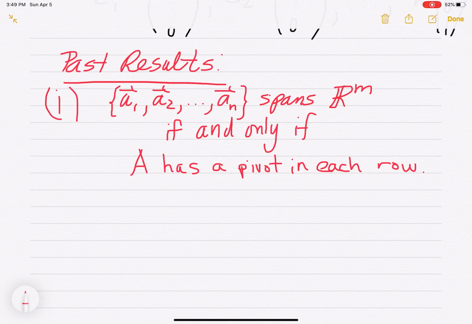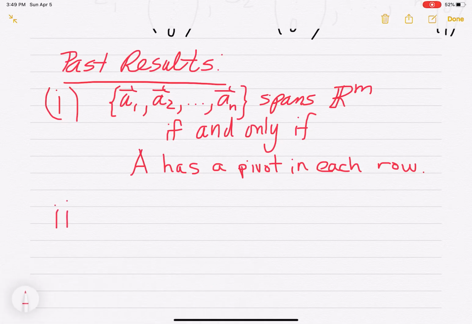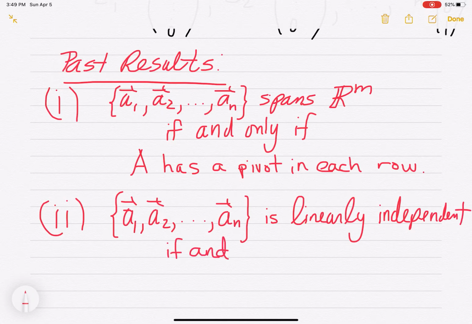Remember there was one about linear independence as well. So a set of vectors a1, a2, through an is linearly independent, not dependent, independent. Remember, there are 4 ways of stating this. There was one last one that was really useful, though. We're just going to state that last one.